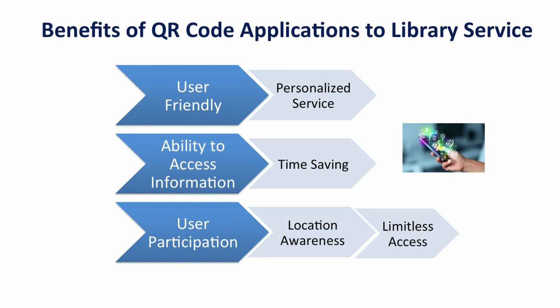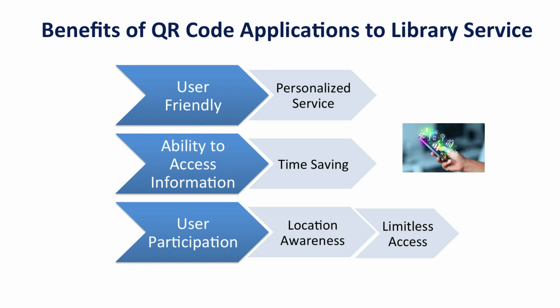What kind of benefits does a library get by using QR codes for its library resources and library services? First and foremost, these are user friendly, because users are fascinated if they receive their intended information on their own gadgets.